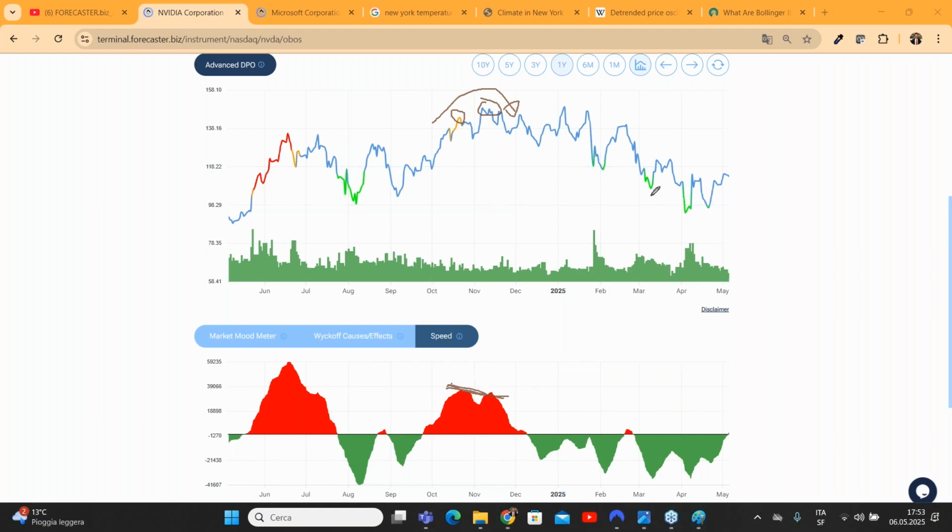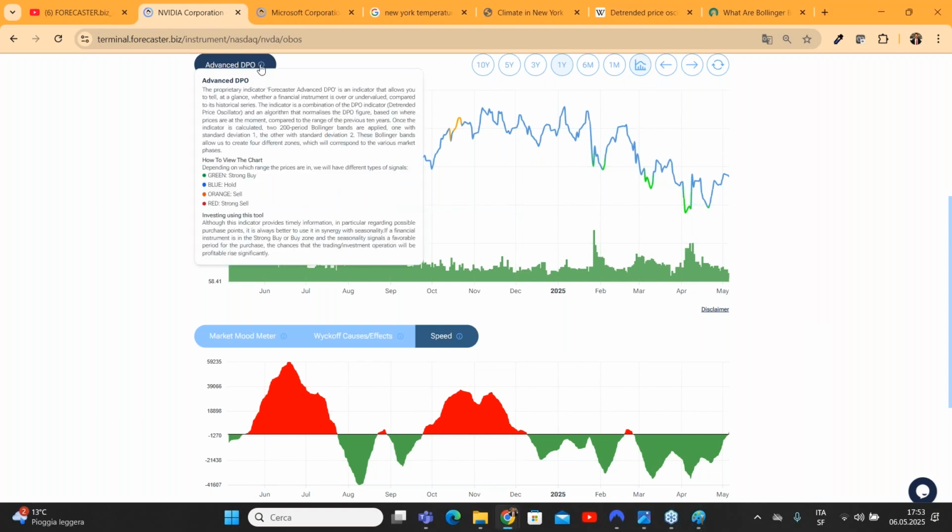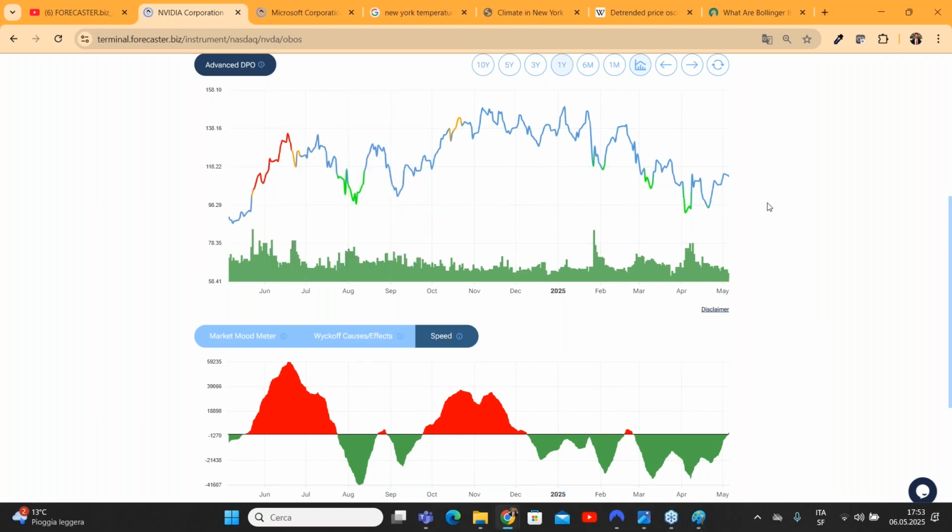So for example, analyzing Nvidia at the moment, we can definitely say that this low was a very important low, and at the moment, both the advanced DPO and the speed indicator are telling us that we are on a very important low, okay? We just saw a very important low.